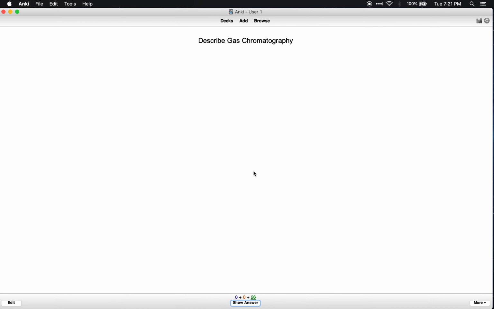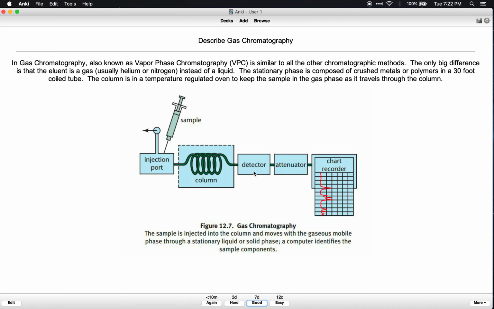Gas chromatography: you have the mobile phase, which is a gas molecule, and the stationary phase is a long polymer tube. Gas molecules will elute through the column, and you can record the retention time.